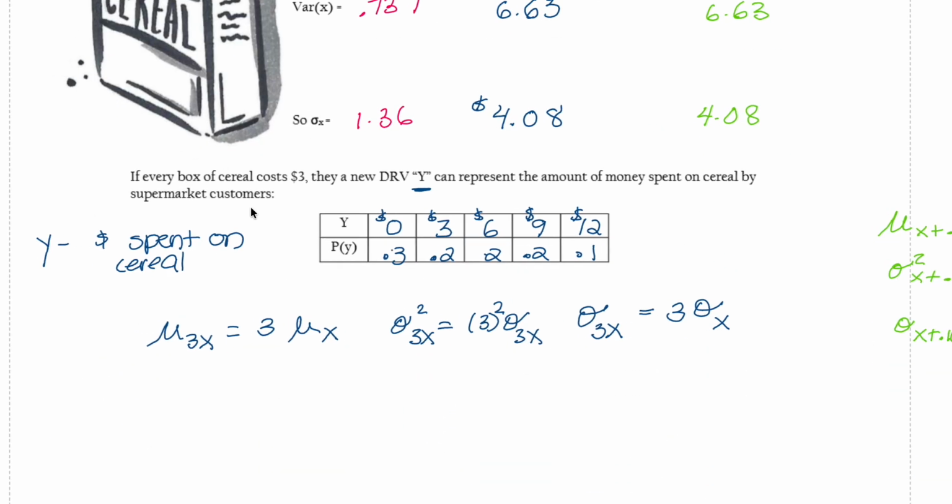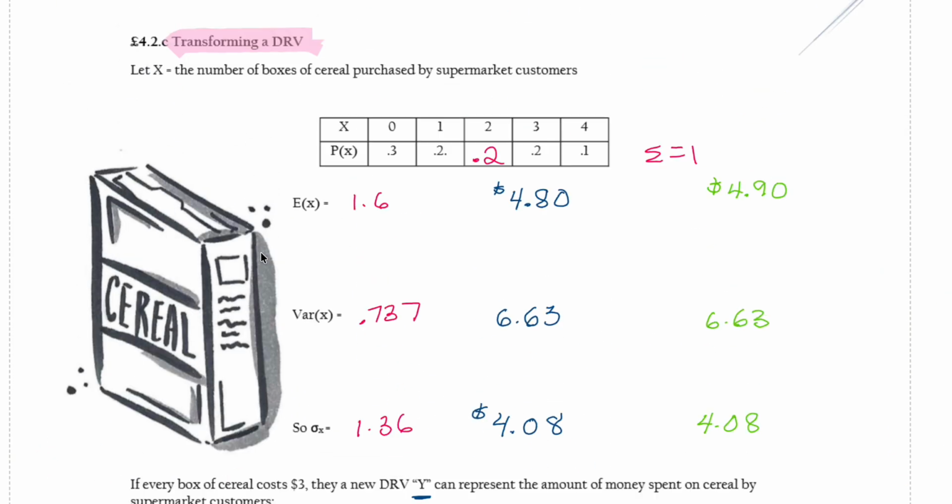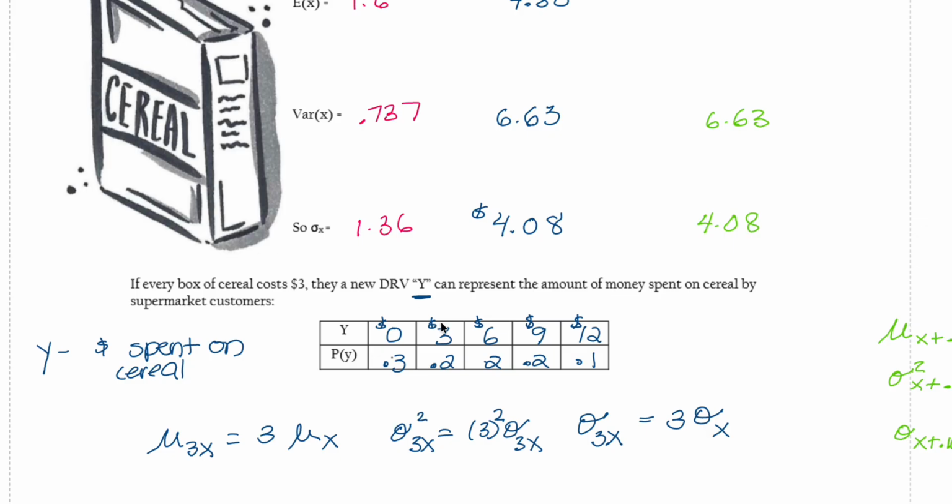If every box of cereal costs $3, a new DRV can represent the amount of money spent on cereal by supermarket customers. So y in this case represents the dollars spent on cereal. Here are our options: $0, $3, $6, $9, and $12. Remember, they're all multiples of 3 because each box of cereal costs $3.